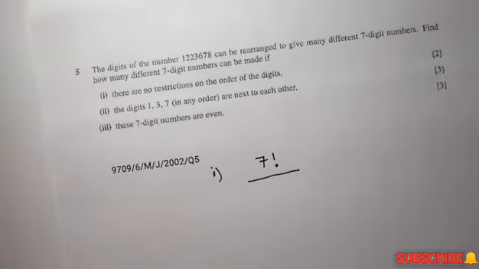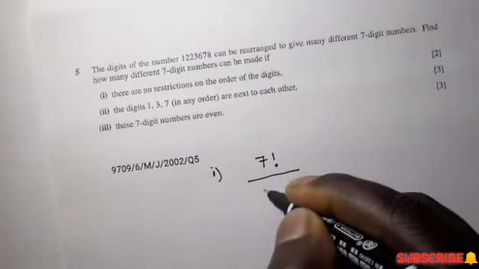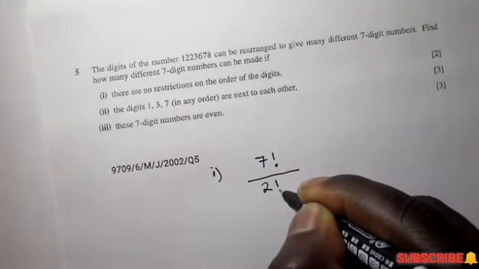But 7 factorial is going to be divided by the number of identical digits factorial. So the identical digits that we have on the list, we have 2, which is appearing twice. So I'm going to divide 7 factorial by 2 factorial.